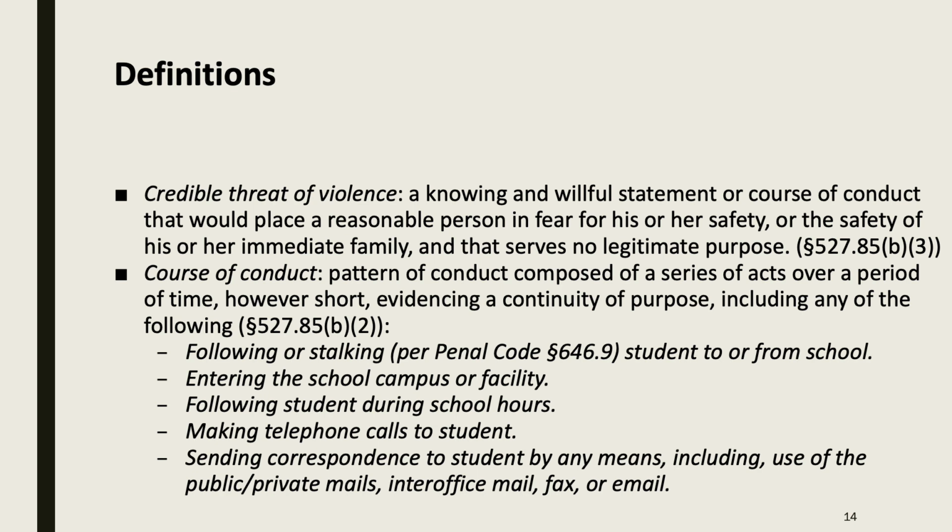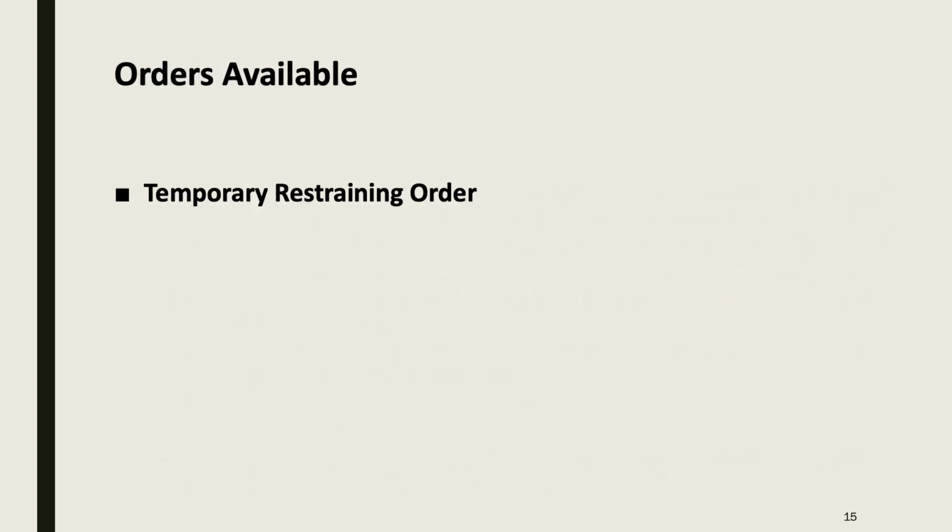And a course of conduct is a pattern of conduct composed of a series of acts over a period of time, however short, evidencing a continuity of purpose, including any of the following: stalking the student to or from school, entering the school campus or facility, following the student during school hours, making telephone calls to the student, sending correspondence to the student by any means, including the use of public or private mails, interoffice mail, fax, or email.